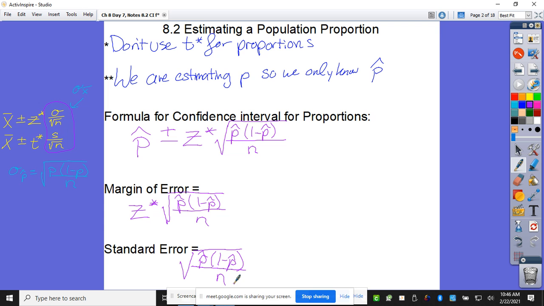Which one of these is standard error, the top one or the bottom one? Why? We had to estimate that with a statistic. So it's not our standard deviation, it's our standard error, because we didn't know our p, so we had to use p hat estimated in there. That's our standard error.